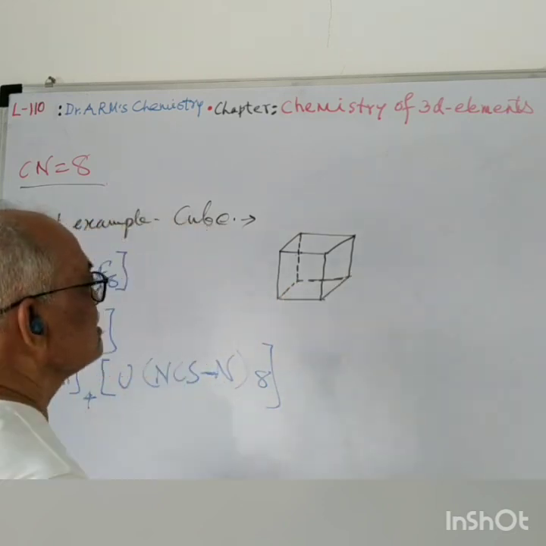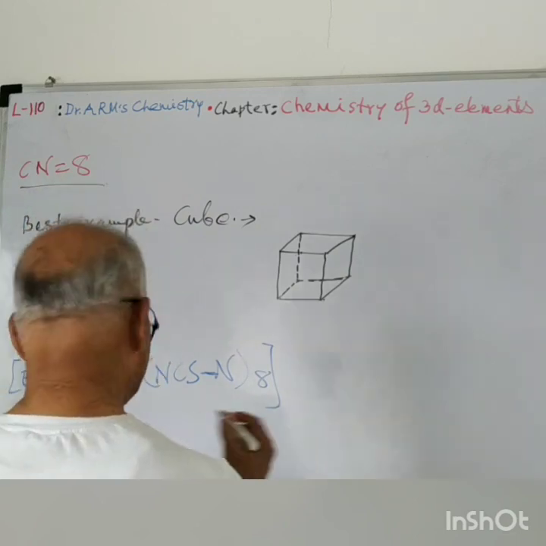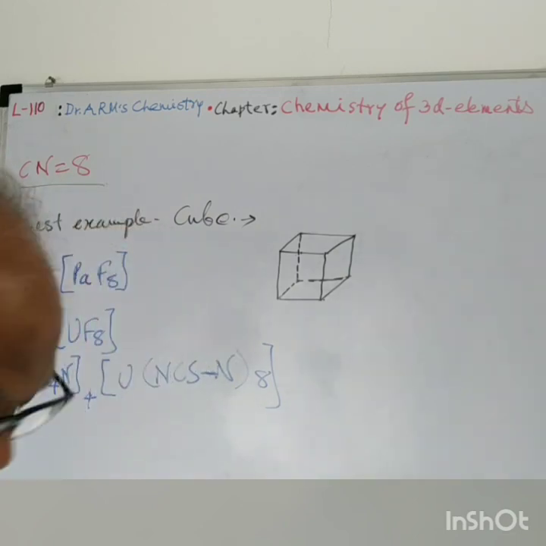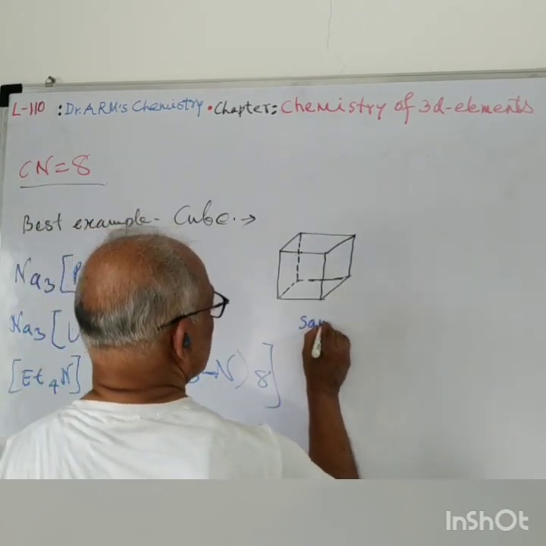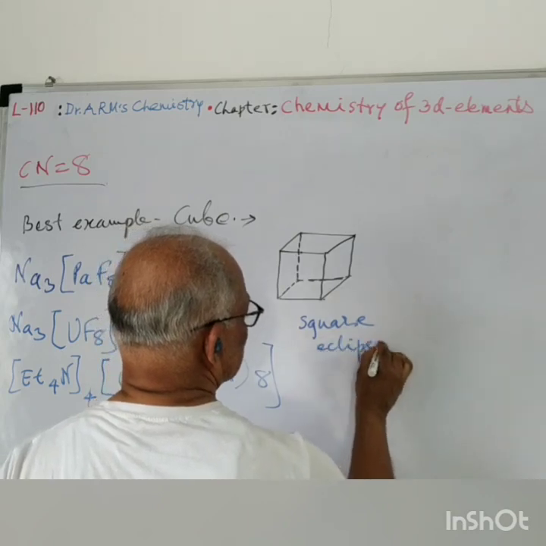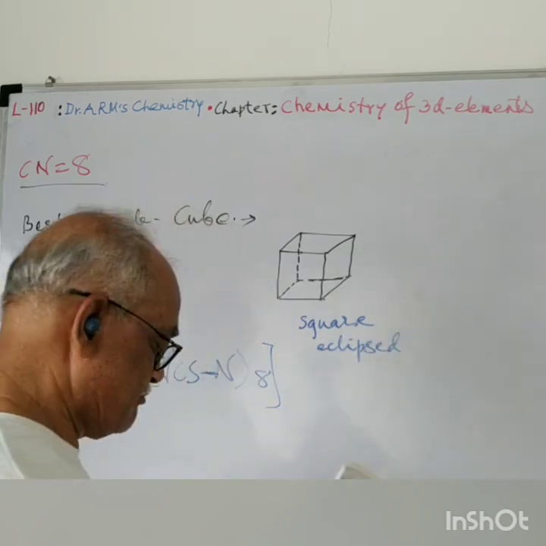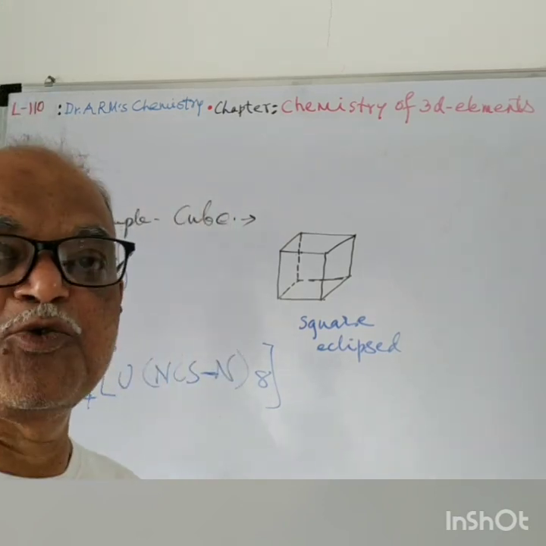So this is our regular cube, and it is called the square eclipsed structure. Now we will have another structure where the cube is distorted.